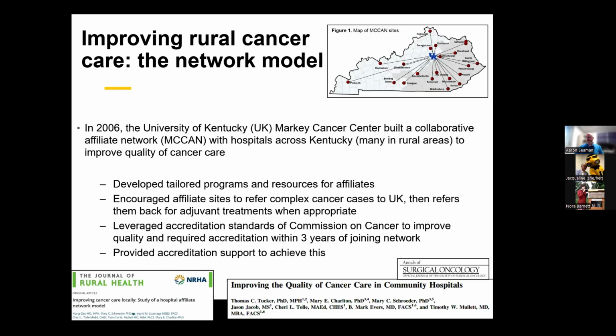But with the branding being used by the affiliate sites, they wanted some way to ensure the quality of care at those sites as they began working with them. And so they used the Commission on Cancer as a tool to do that.